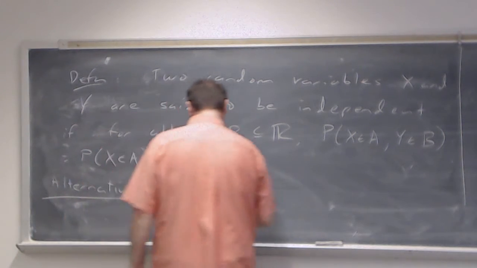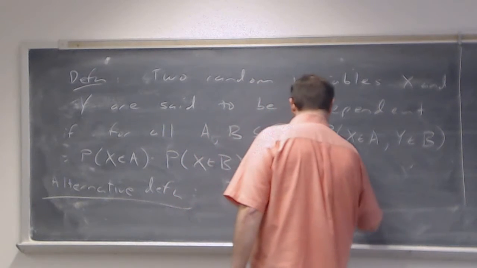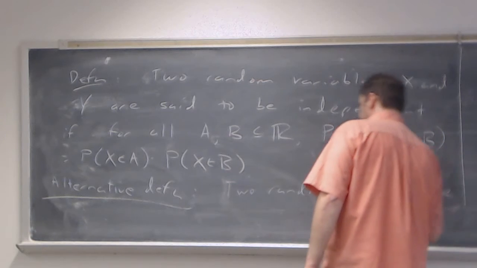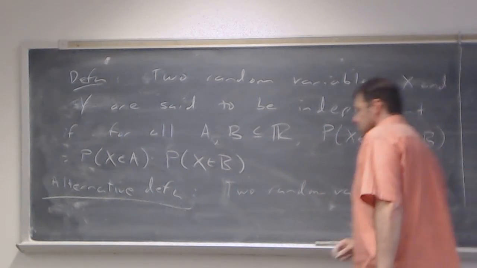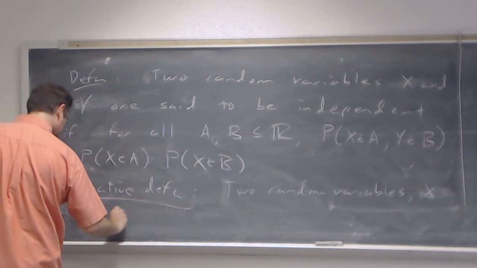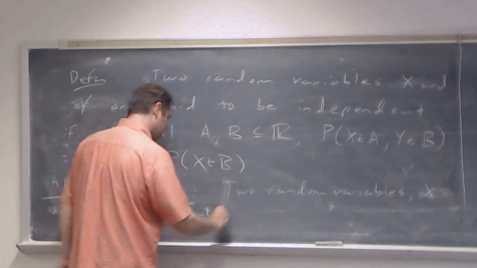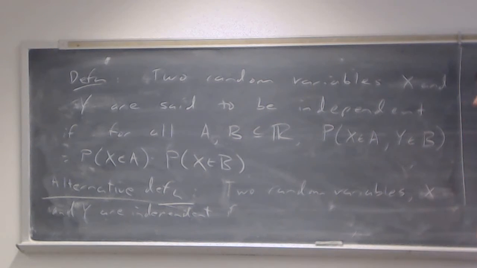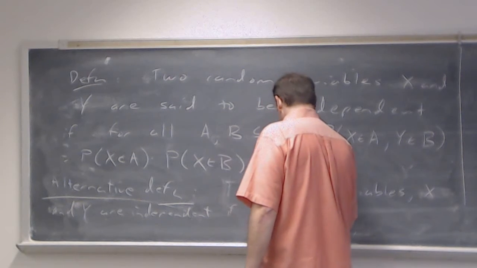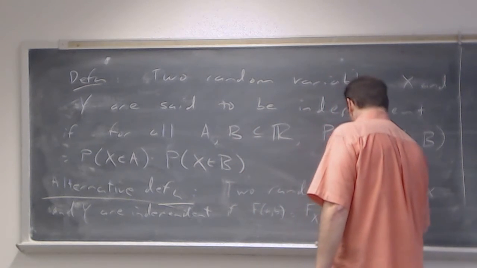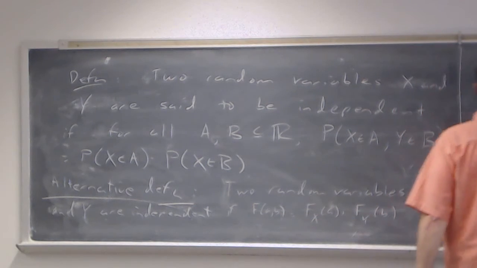I'm not going to prove this, I'm just saying it's another definition. 2 random variables X and Y are independent if F of a, b is equal to F sub X of a times F sub Y of b, where these are CDFs: the joint CDF, the CDF of X, and the CDF of Y. These definitions mean the same.